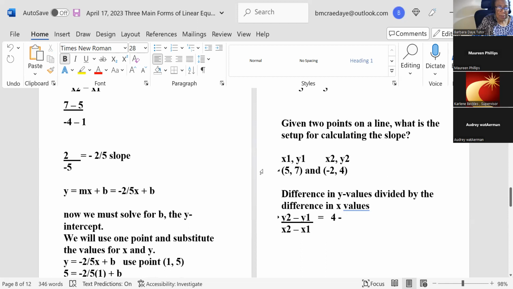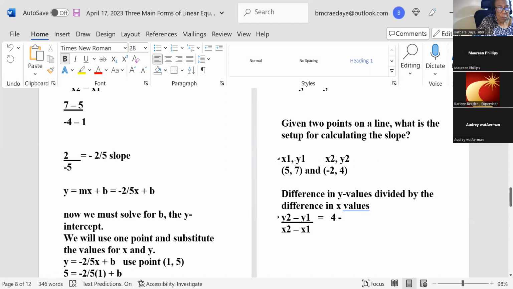You're looking right here. Audrey, look at the 5 and the 7. I labeled them. X1 is 5, Y1 is 7. X2 is -2, Y2 is 4. So, Y2, Maureen said, was 4. Audrey, what is Y1?